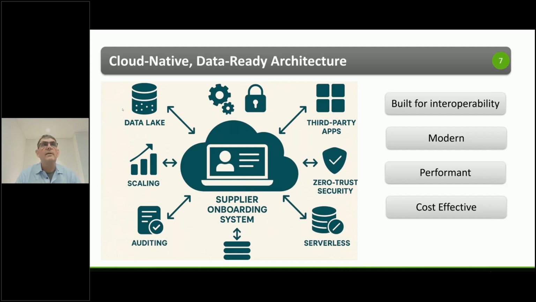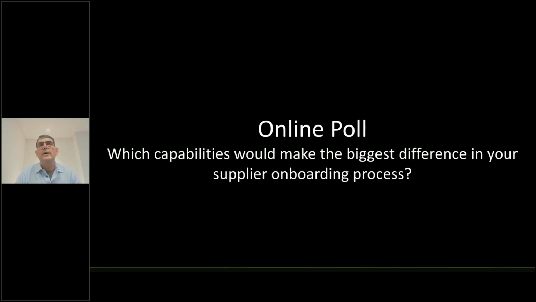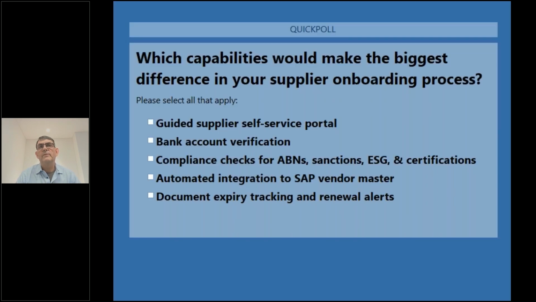So we've got to 7, and I think that's where we were. I had a little question here again, which was just to say, what do you think would make the biggest difference to supplier onboarding for yourselves in your process? What features or functions? We can kick that little poll off.